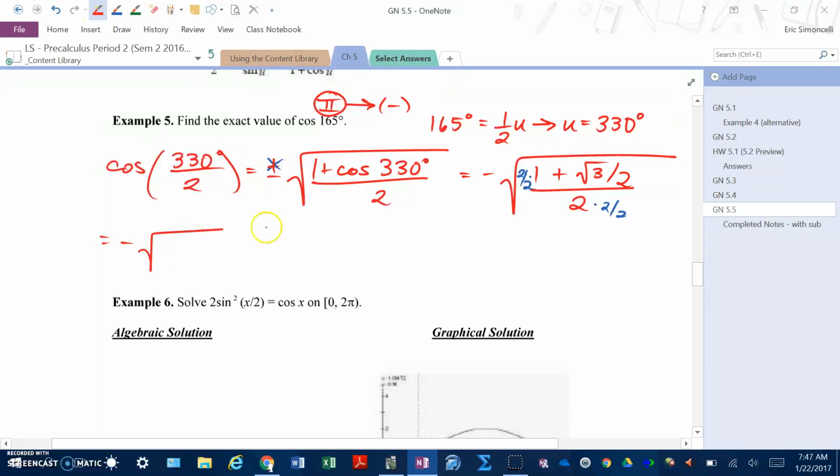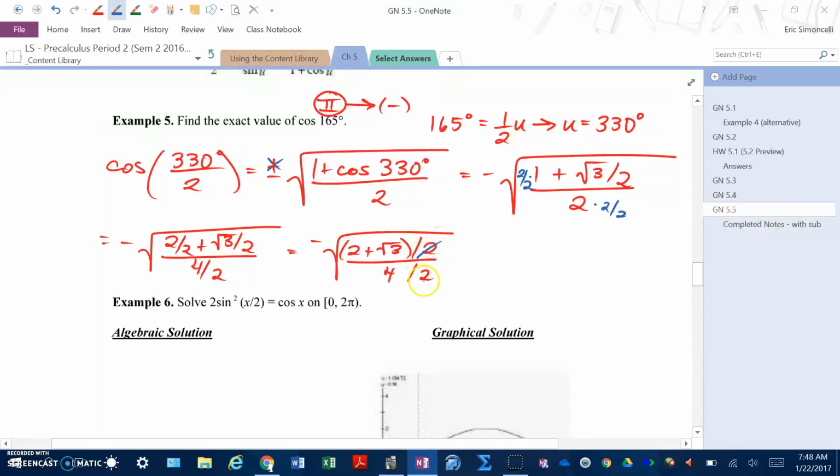So negative square root, I'll have 2 halves plus root 3 over 2 all over 4 halves. And that's where in the next step you'll see the 2's, as we've seen in the past, divide out quite nicely. Let's combine though. So 2 plus root 3 over 2, and then 4 over 2.